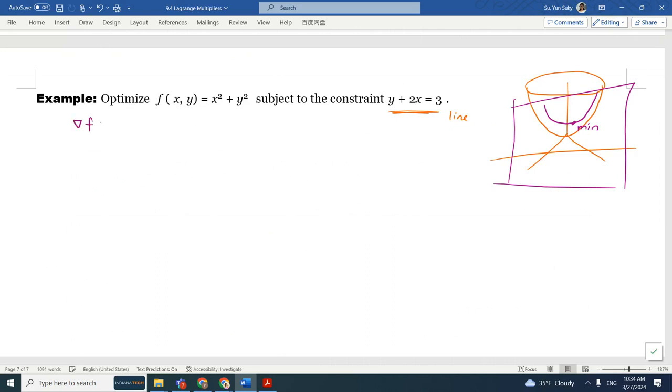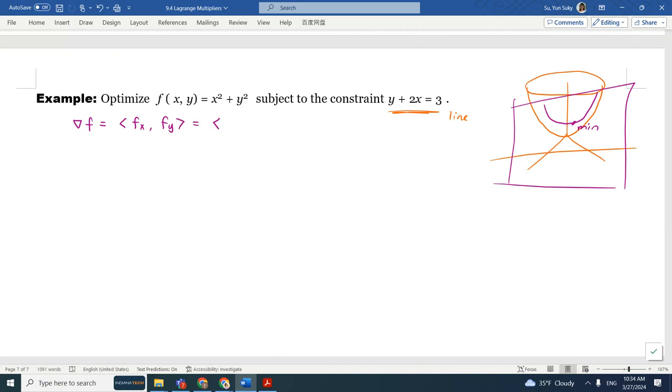Gradient of f. By the way, we do spend like 20 minutes on one example. So my goal is to finish these two examples so we can finish 9.4 today. Okay, gradient of f: fx, fy, the first partial derivatives. What is fx?